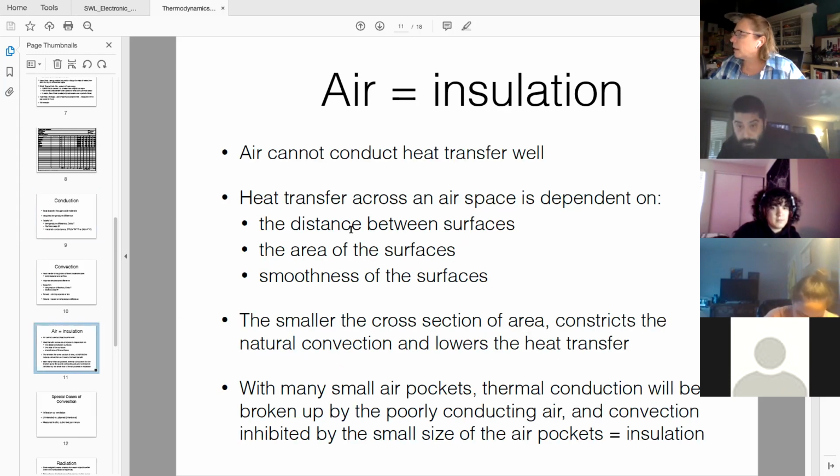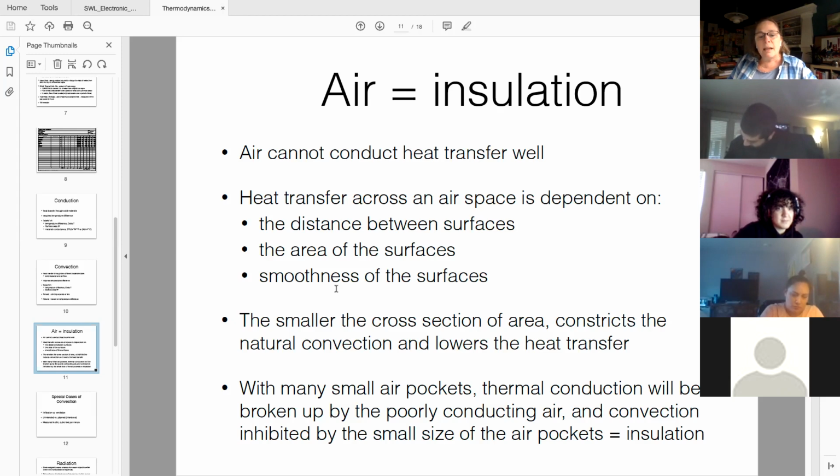So the heat transfer across an airspace is dependent on the distance between the surfaces, the area of the surface, and the smoothness of the surface. It's not the same thing as conductance, but it's a measure of the quality of the material.